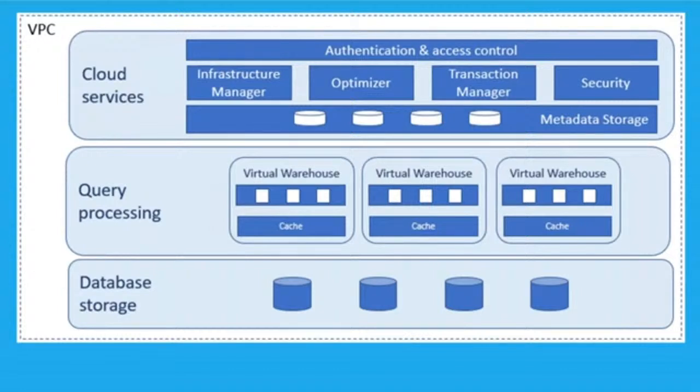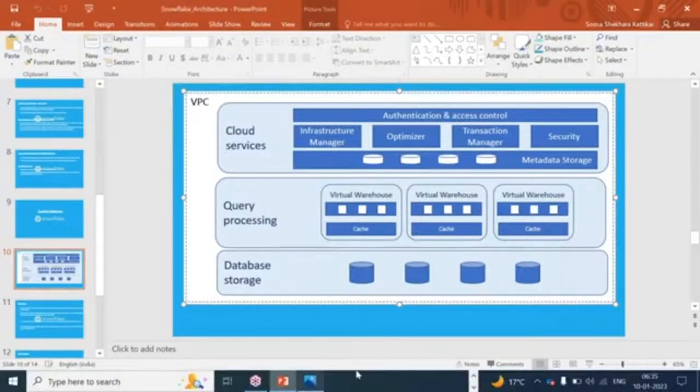Just you can't see those physical devices. This is architecture. I will show you how to create virtual warehouses and how it looks. So you need to create a virtual warehouse. This is also one of the objects, like how you create a table. So this virtual warehouse is also one of the objects in your Snowflake that you are going to create.